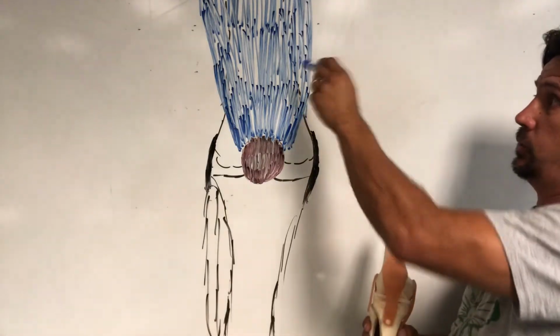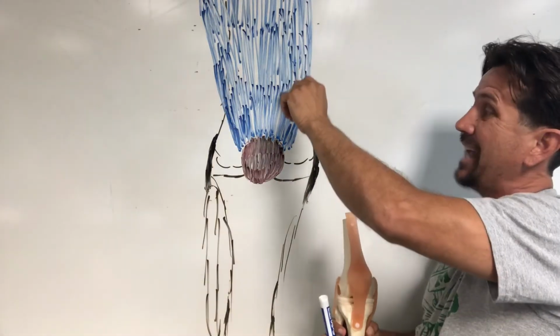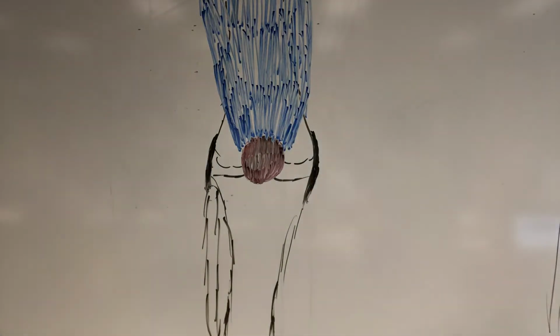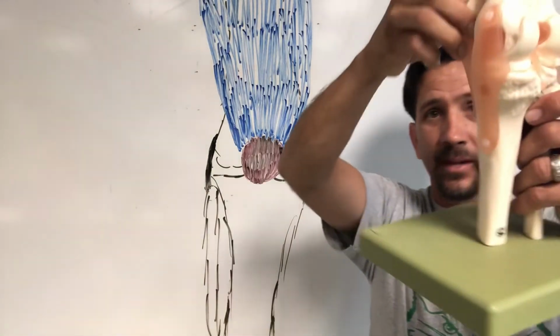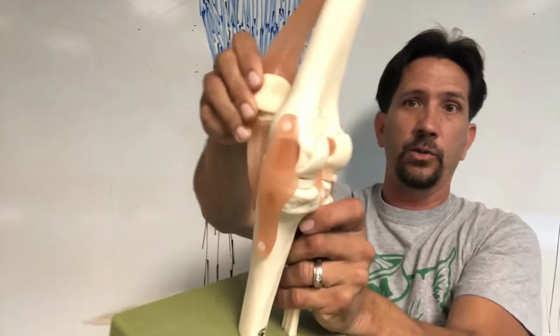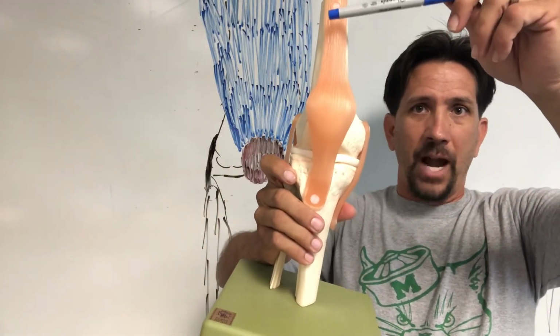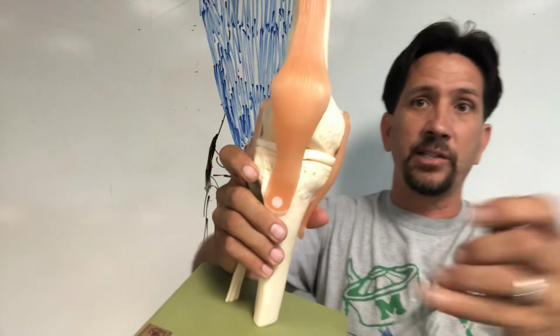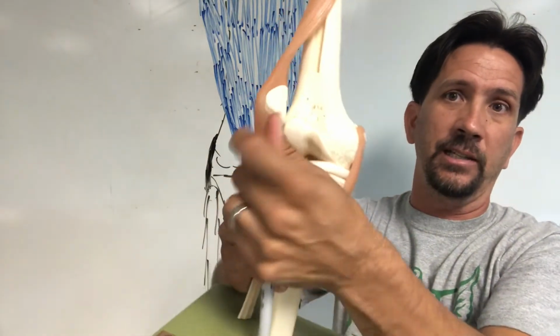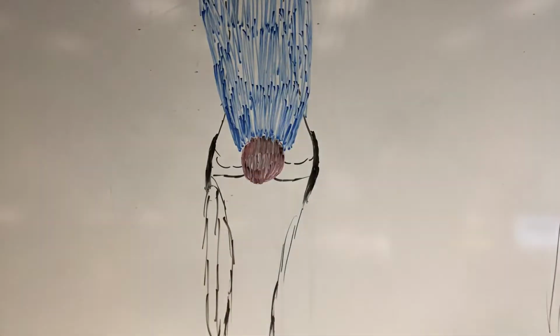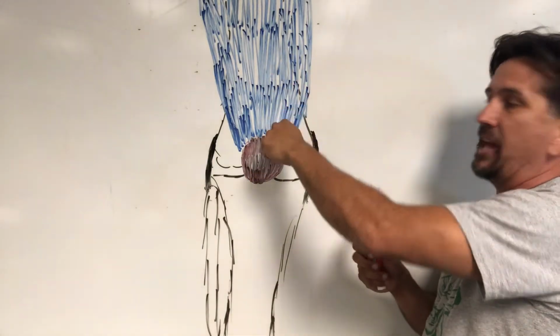The quadricep muscle attaches to the patella, right? If you remember, when I showed you what the back of the patella looks like, we showed how the quadricep tendon travels down and attaches to the patella. The patella is kind of encompassed by that soft tissue. As it travels down, it attaches to the bone.